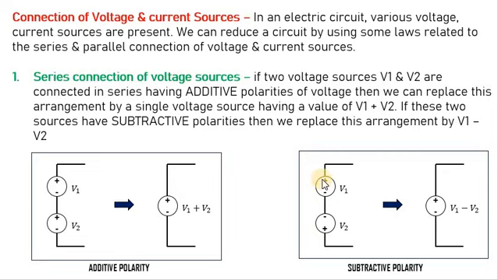That is what we call subtractive polarity. This type of series connection we can replace by a single voltage source which has the value V1 minus V2. Okay, so this is for the additive polarity and this one is for the subtractive polarity.